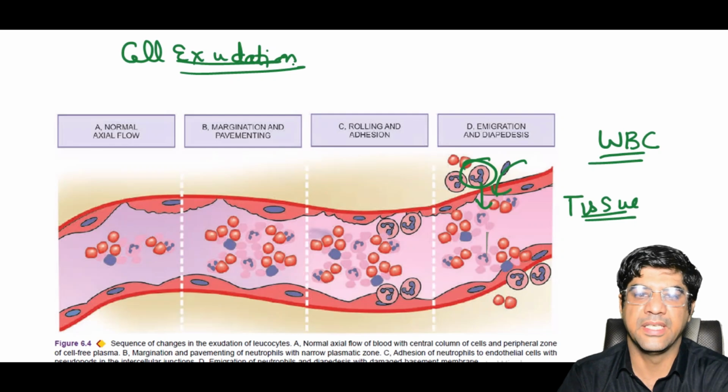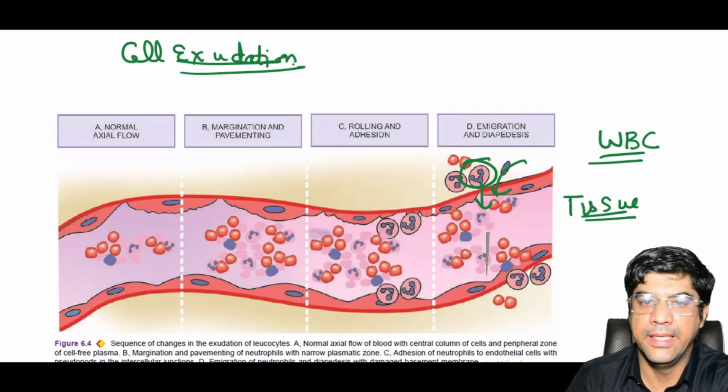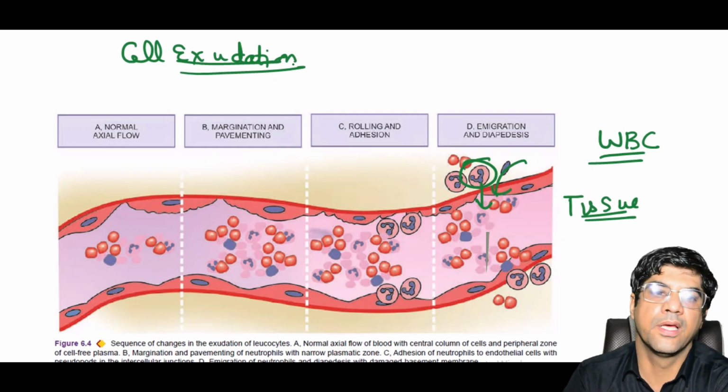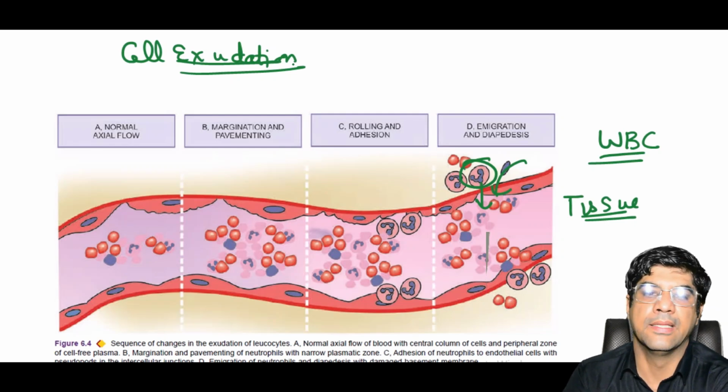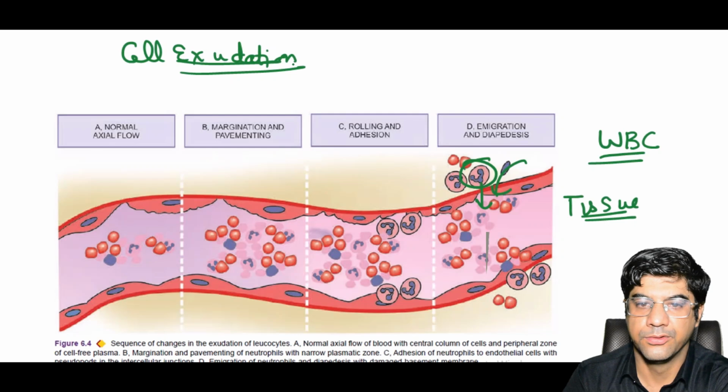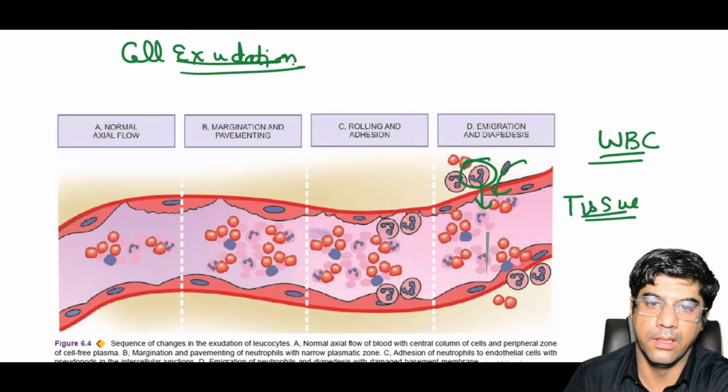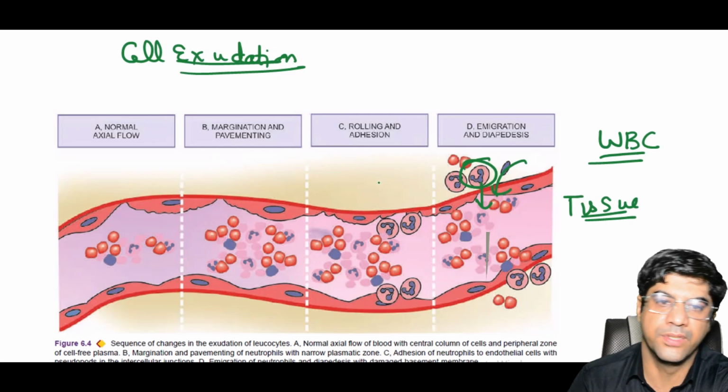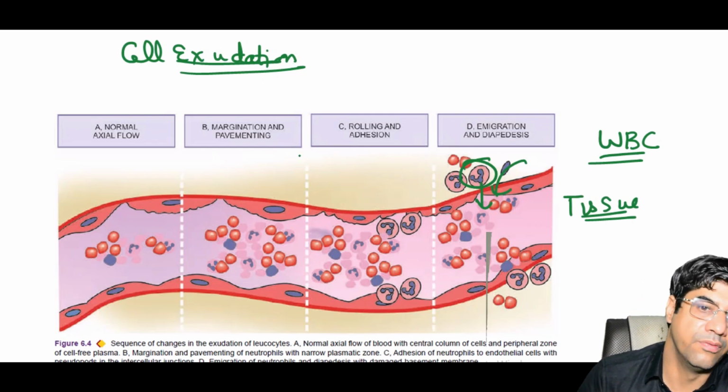Now let us discuss the stages that lead to leukocyte migration. First of all, there are changes in the blood flow. At the beginning of inflammation, there is increased blood flow due to blood vessel dilation. Later the blood slows down, allowing the leukocytes to move closer to the vessel wall.